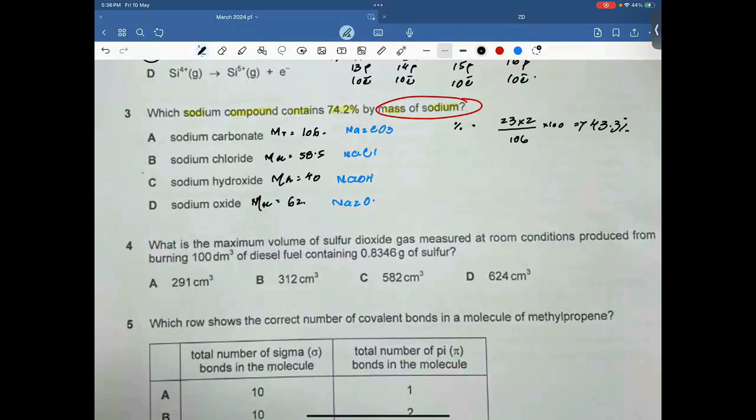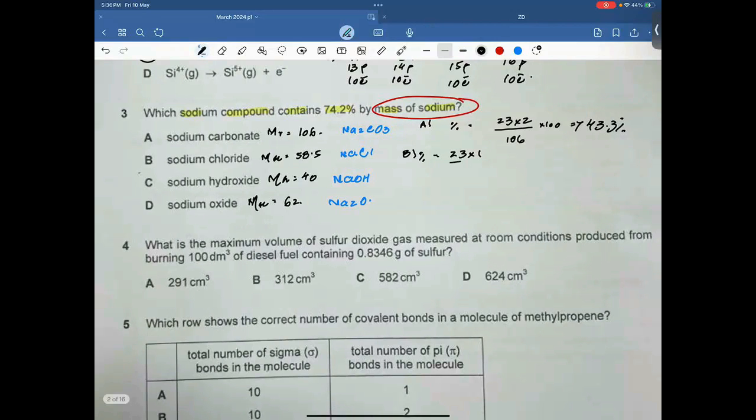Okay. Now the next, option B: percentage equals the mass of sodium, 23, and the number of atoms in the formula is 1, so 23 times 1 divided by 58.5, times 100. So it's going to be 39.3%.